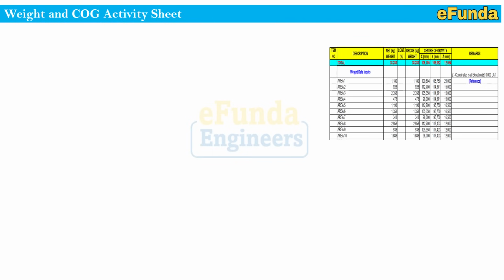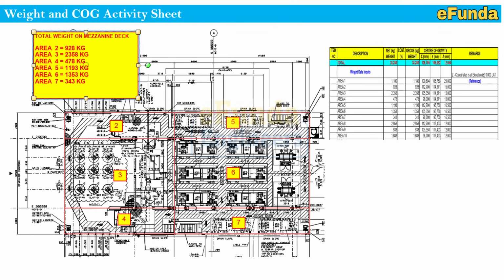One can refer to the second picture where the various areas are marked, starting from second, third, fourth, fifth, sixth, and seventh, where all the items fall into the respective area based on their category of field instruments, cable trays, tube fittings, and cable tray supports, etc. They are calculated in the particular area where the area marking is done, and the total weights from the previous instrument slide are applied to the respective areas.